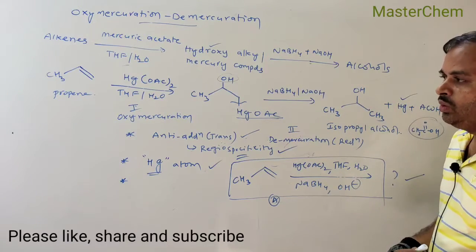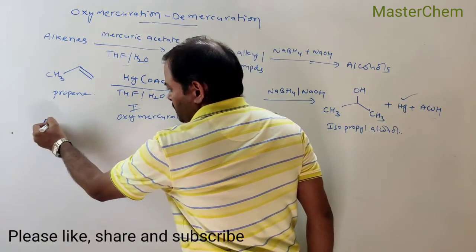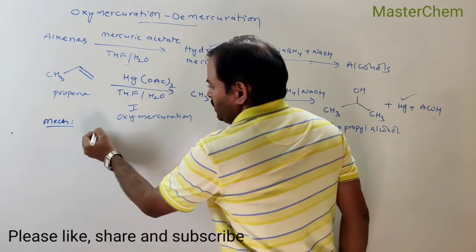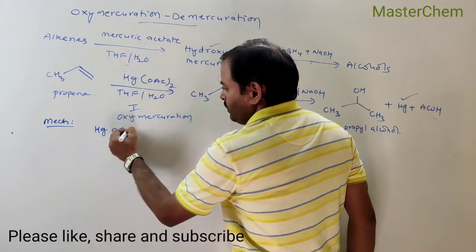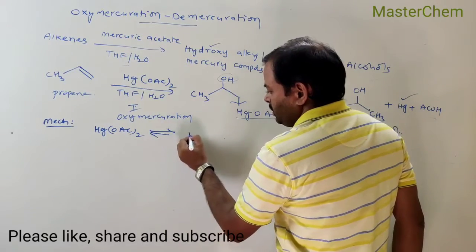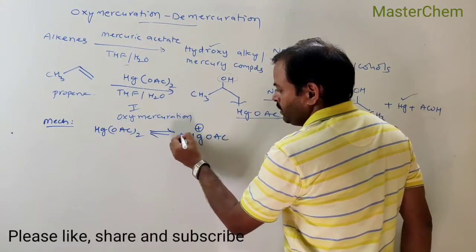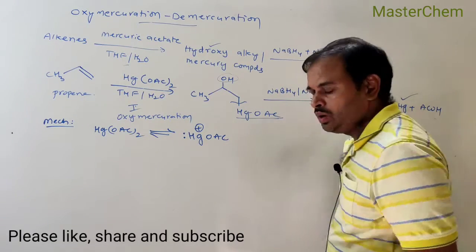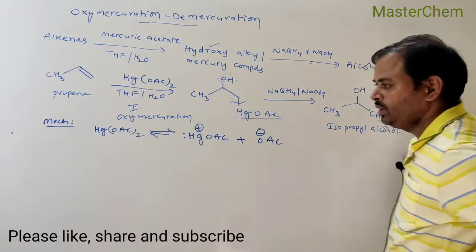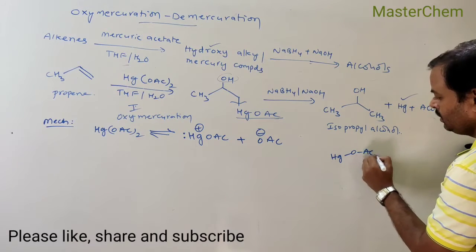Now let us discuss the mechanism for this reaction. First, this mercuric acetate, HgOAc taken twice, by ionization converts to Hg plus OAc with one lone pair, plus OAc minus.